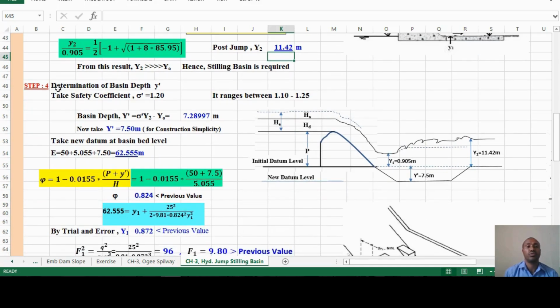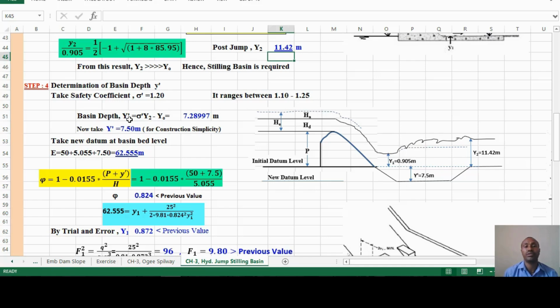Step 4, determination of basin depth. This is the depth of the basin, the depth you go below the river bed level. For the basin depth y prime, take a safety coefficient sigma prime of 1.2. Sigma prime actually ranges between 1.1 and 1.25.